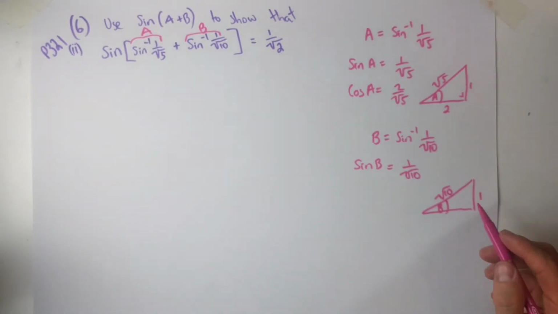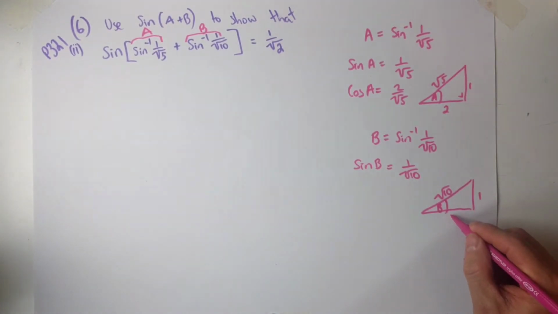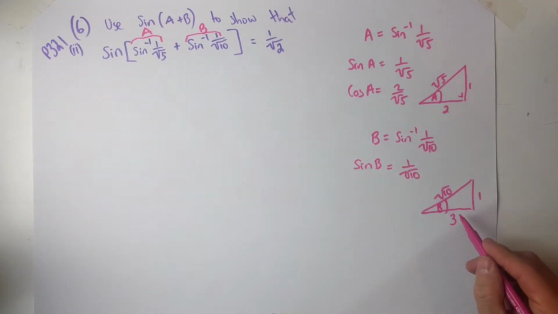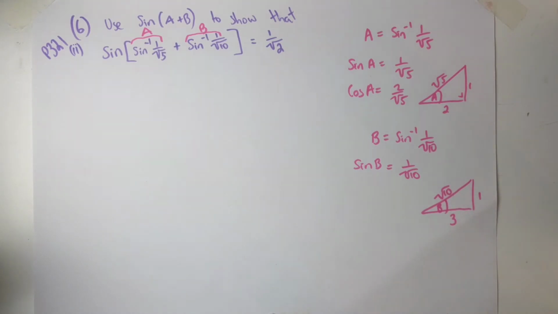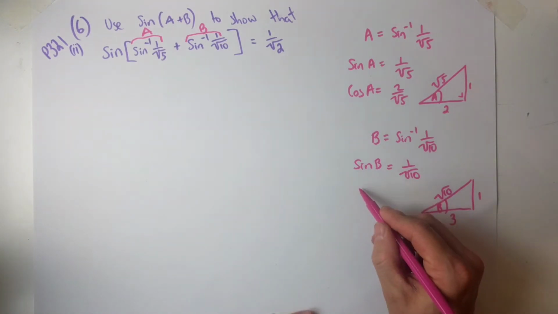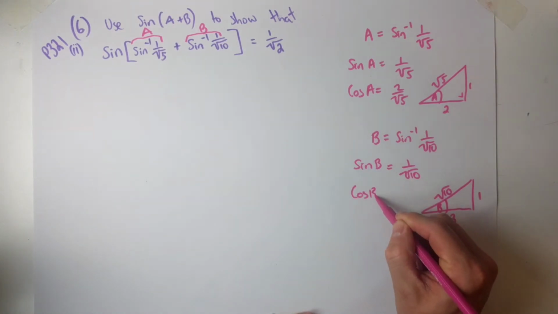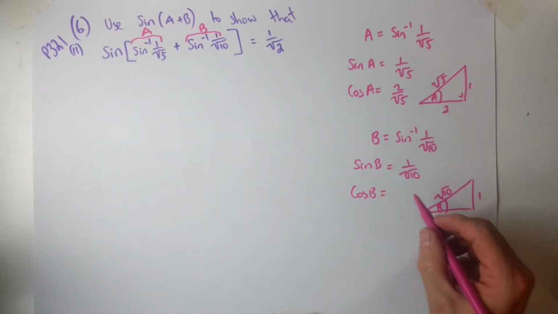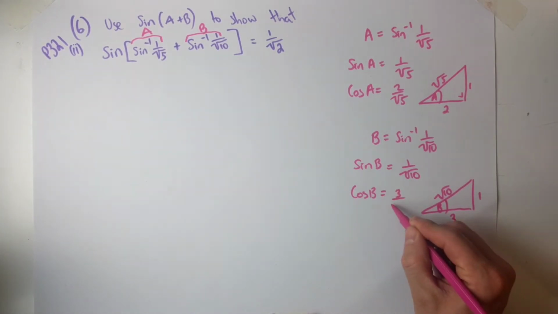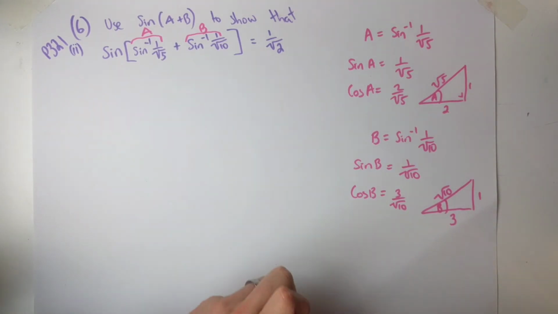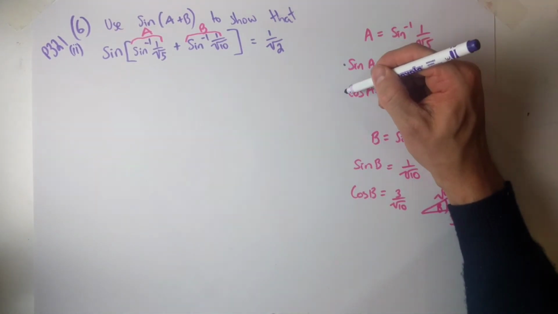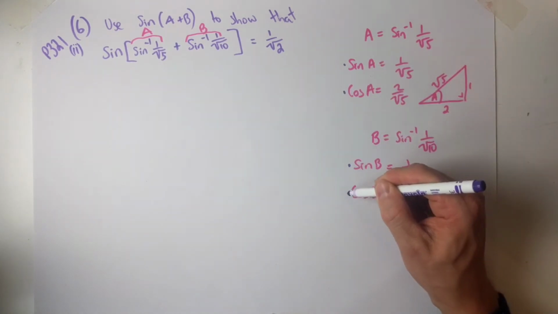Using Pythagoras again, you can work out that the adjacent has to be 3. 3 squared is 9 plus 1 is 10, which is the square of the hypotenuse. So cos B is adjacent over hypotenuse, that's 3 over the square root of 10. So there's your sine A, your cos A, your sine B, and your cos B.